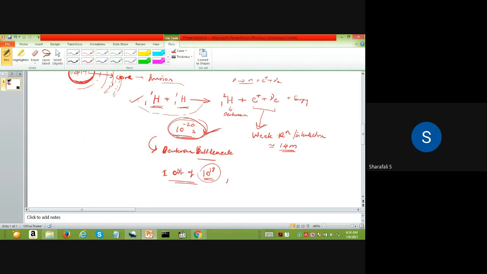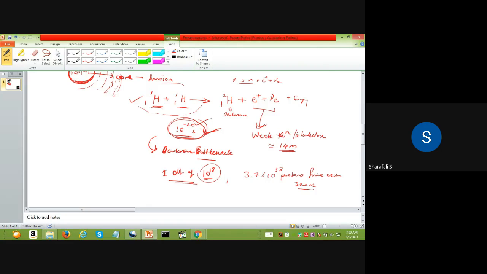So that will almost make 3.7 times 10 to the power 38 protons fuse each second. This fusion reaction will happen in 10 raised to minus 20 seconds.